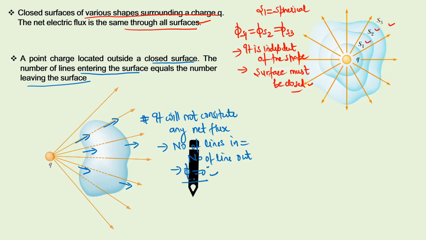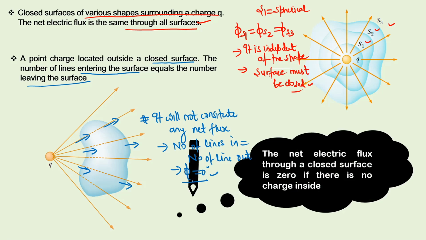We conclude that the net electric flux through a closed surface is 0 if there is no charge inside. If there is no charge inside the closed surface, the net flux is 0 because the number of lines entering the closed surface equals the number of lines exiting it.